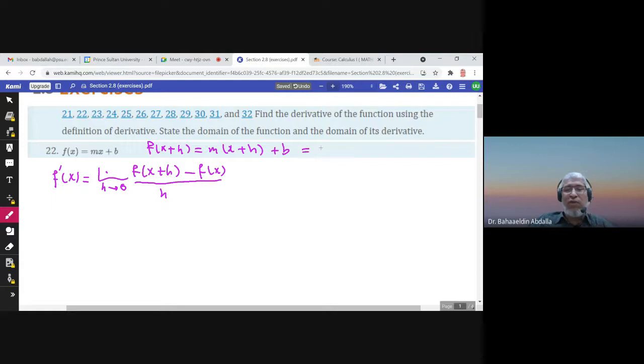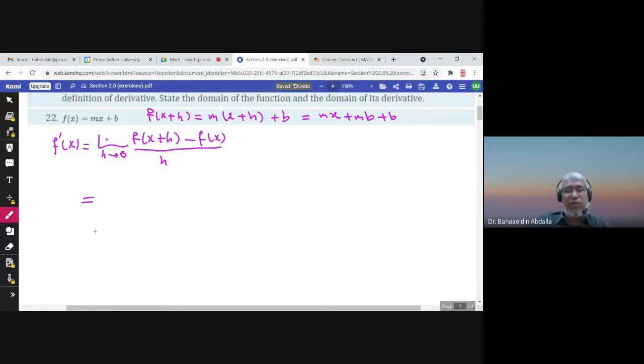So f of x plus h would be mx plus mh plus b. So now to find the derivative using the definition, this is the limit when h approaches 0 of f of x plus h, which is mx plus mh plus b, minus f of x.